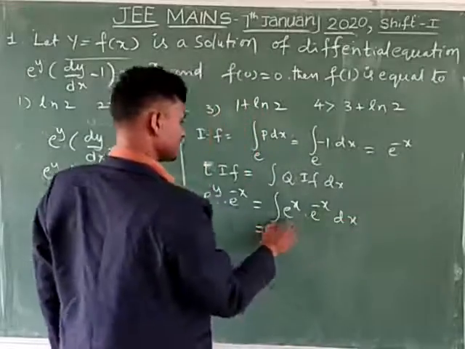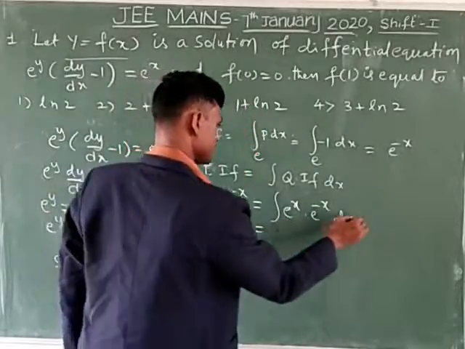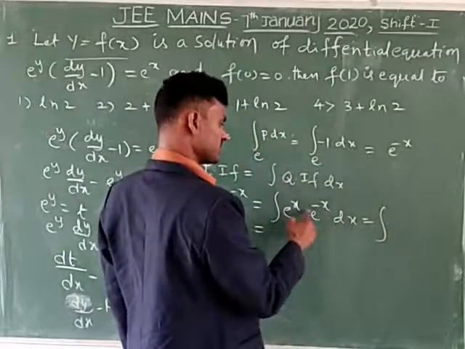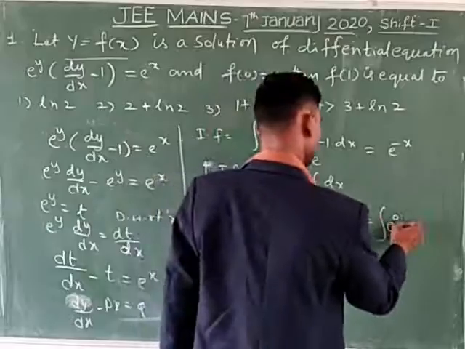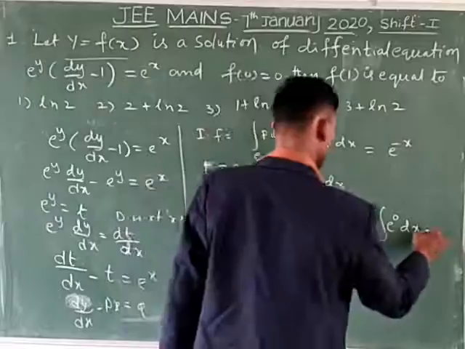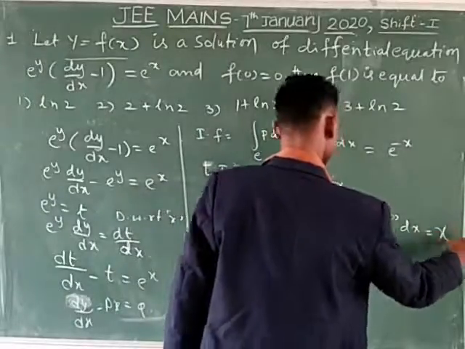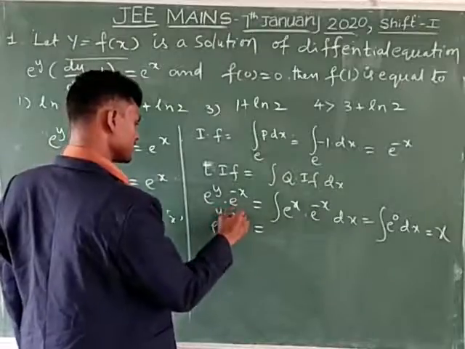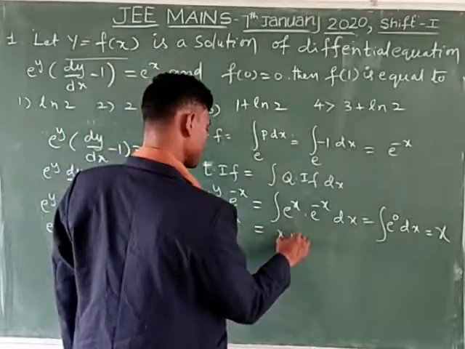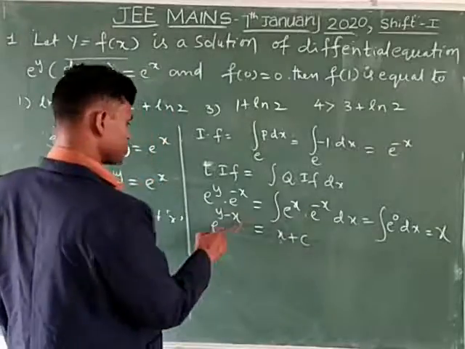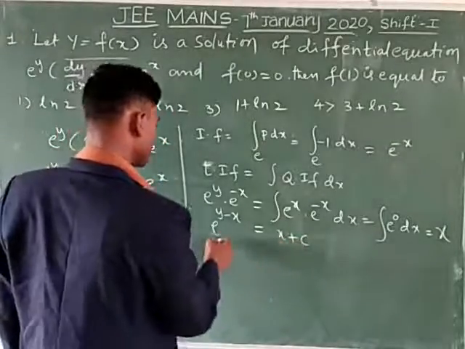Here e to the power x into e to the power of minus x, bases equal, powers we add, gives e to the power of 0 into dx. E to the power of 0 means what value? It is 1, and the integration of 1 is x. Now e to the power y into e to the power of minus x, bases equal, powers we subtract, equals x plus c. Now e to the power of y minus x is equal to x plus c.